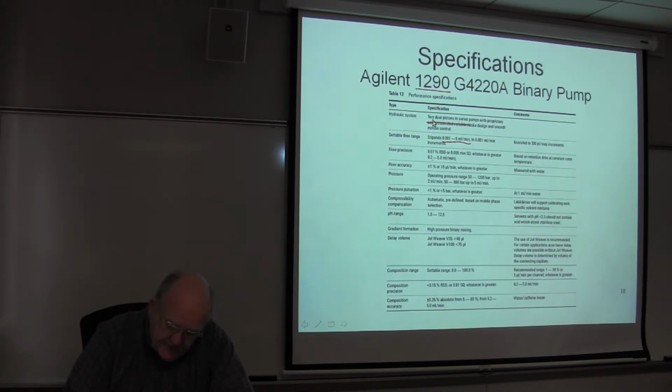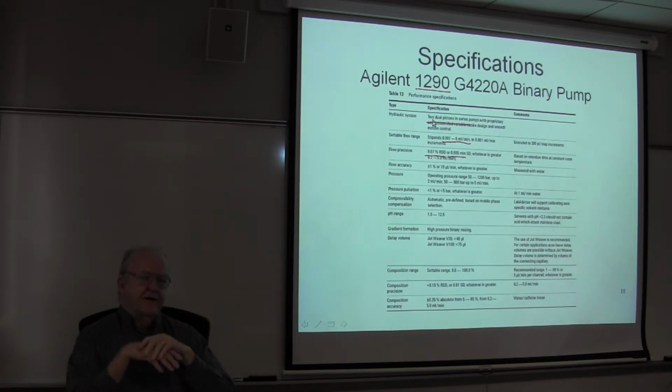The flow precision is 0.07% relative standard deviation, or it's 0.005 minutes standard deviation, whichever is bigger. So in other words, you can't beat 0.005 minutes no matter what you do. That's quite acceptable to them.